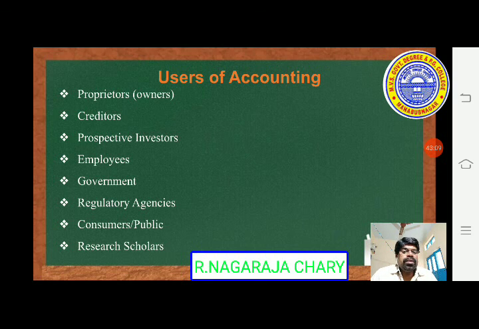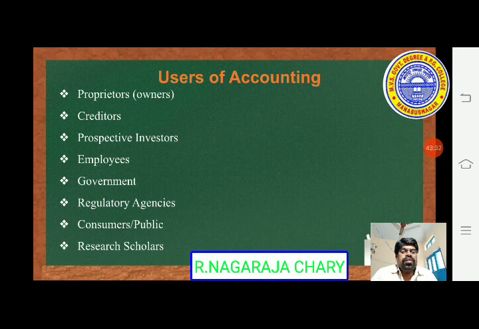In that aspect the consumers or the public may expect accounting information, right? Not only the price of the product, but also the qualitative aspects and services aspects.